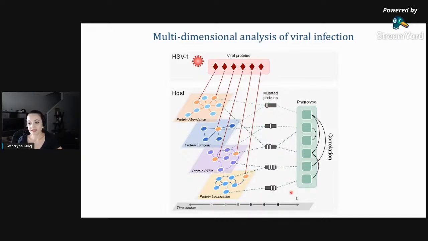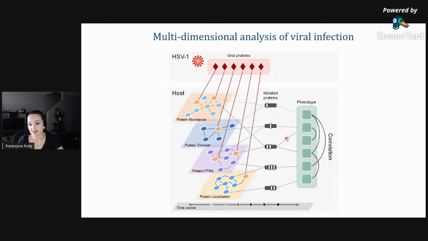So we are analyzing the phenotype. If upon mutation of this protein, what is affected? Viral entrance, viral replication, viral egress from the host cell. This is exactly how we define the final outcome of a certain signaling pathway or a certain protein.